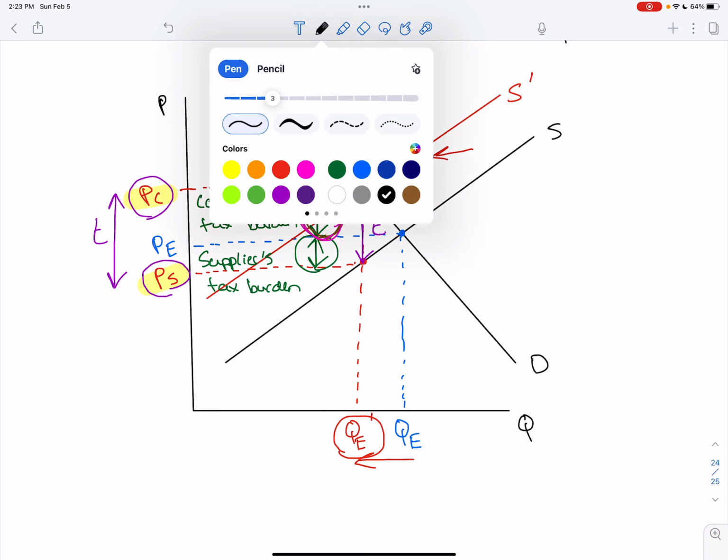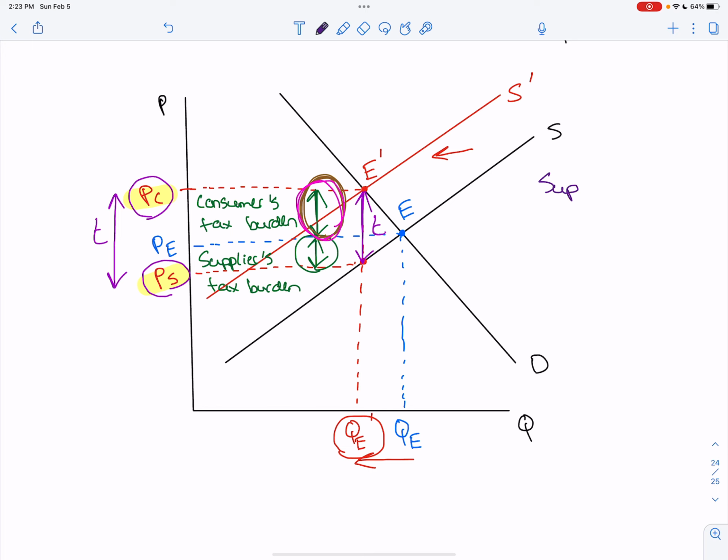Another way of putting that is that supply is elastic relative to demand. The demand curve is steeper, therefore supply is more elastic, and we say that supply is elastic relative to demand. And what have we learned from this situation? The consumer bears the burden of the tax.